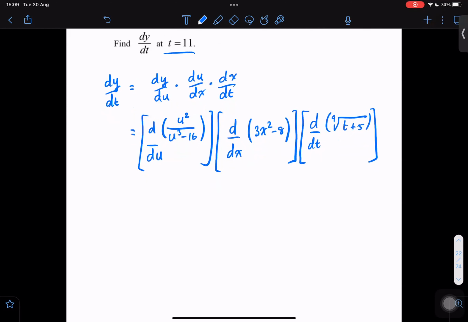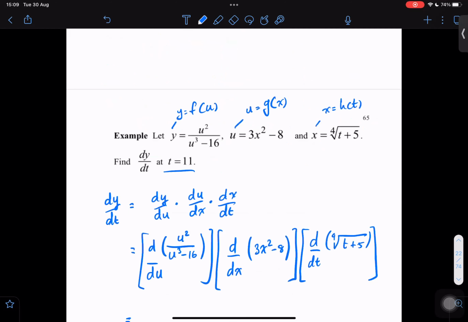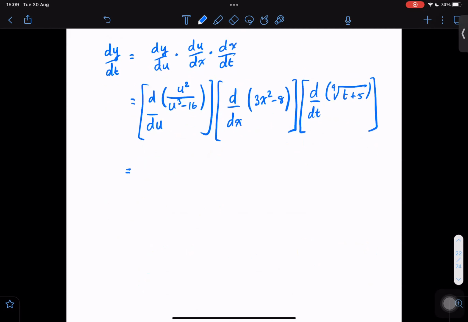I'm going to do each one. Maybe I will just do it separately first and then combine it again.